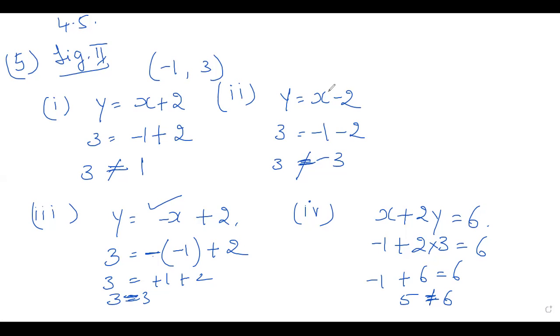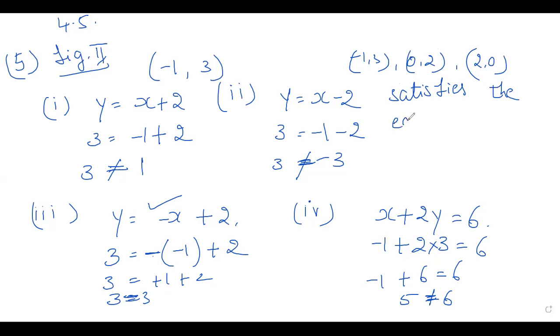Okay, here at last you should write minus 1, comma 3. You have to write all the points, okay? 0, comma 2, 2, comma 0 satisfy the equation y is equal to minus x plus 2.